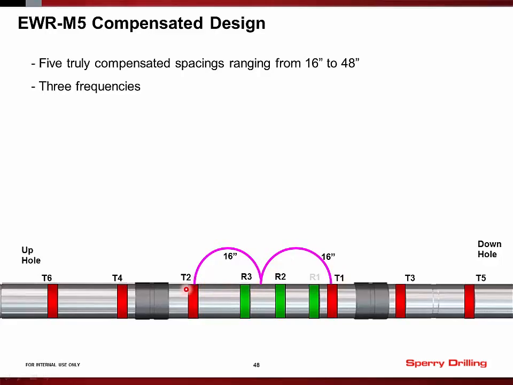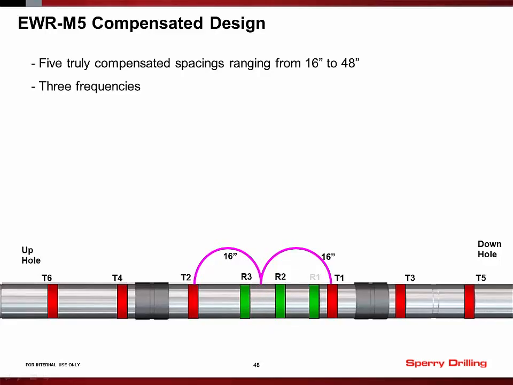That means that the measurement from this side is combined with the measurement from this side, and the net result of that is that the resistivity measurement gets amplified, whereas the errors in the receivers tend to be cancelled out. So it's a good way to reduce errors and to make the tool less sensitive to temperature changes.